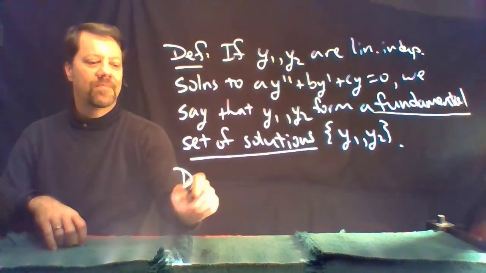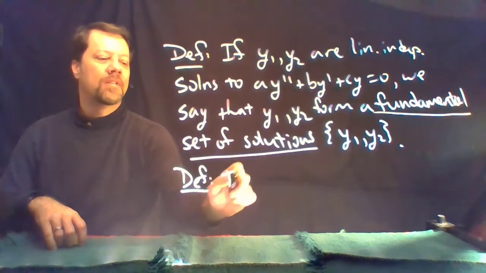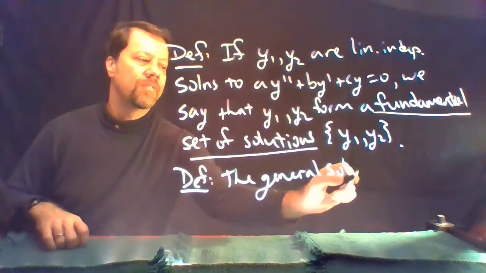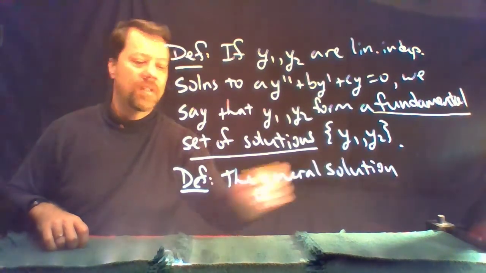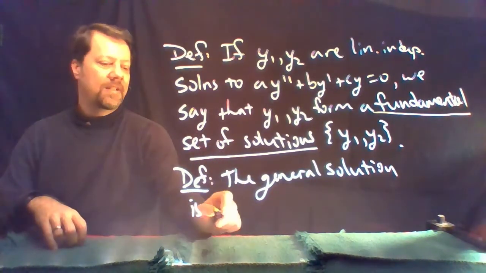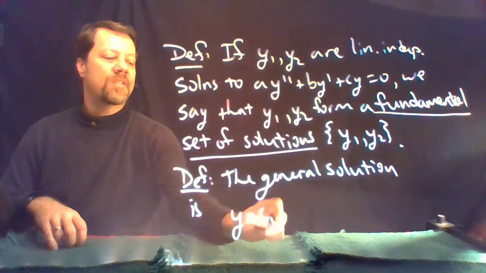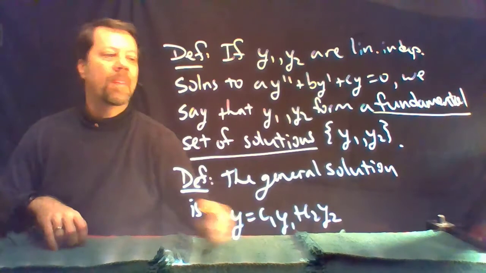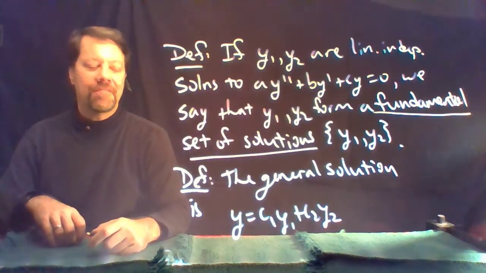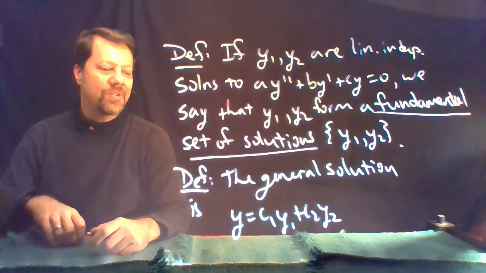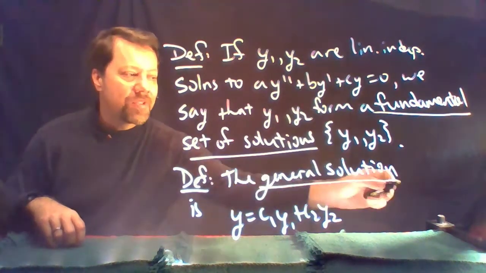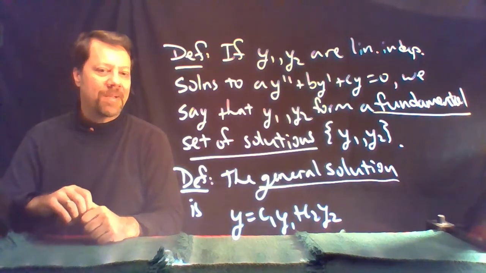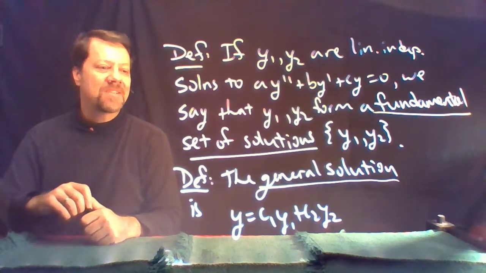Also, the general solution to our problem is c1 y1 plus c2 y2 for linearly independent functions y1 and y2. We can call this the general solution because all solutions can be expressed as a linear combination in a unique way like this.